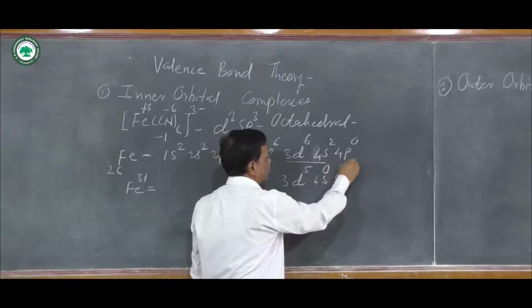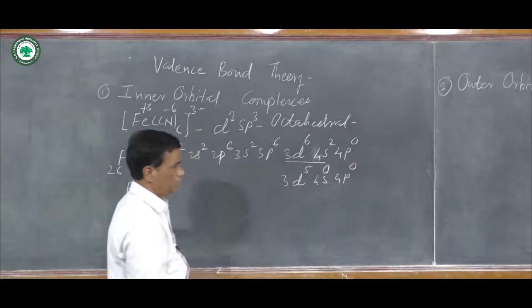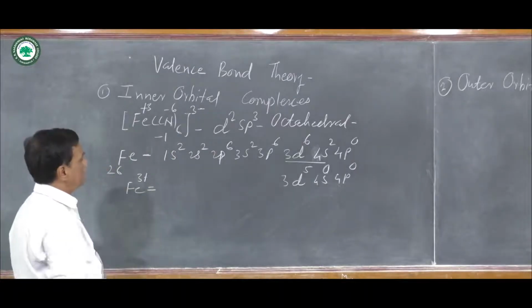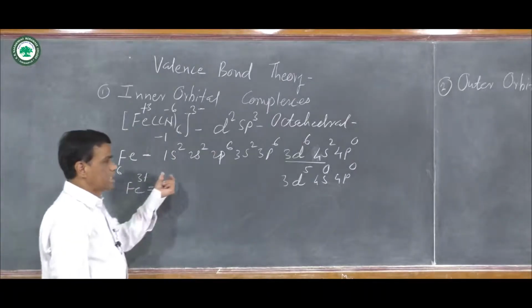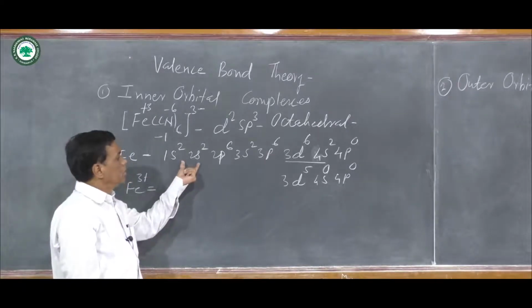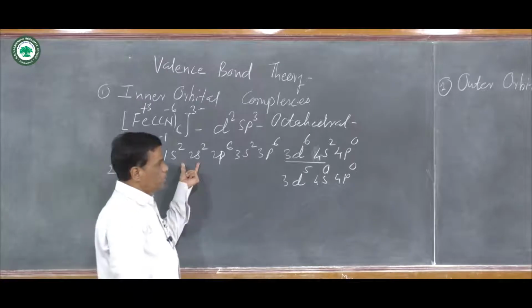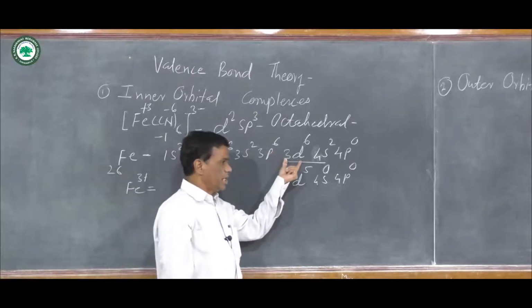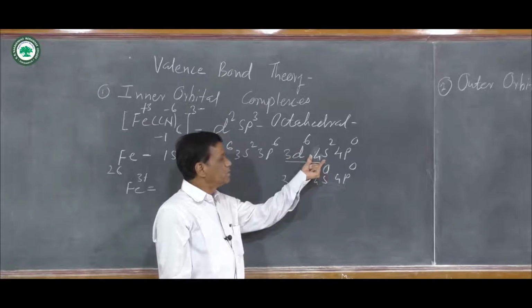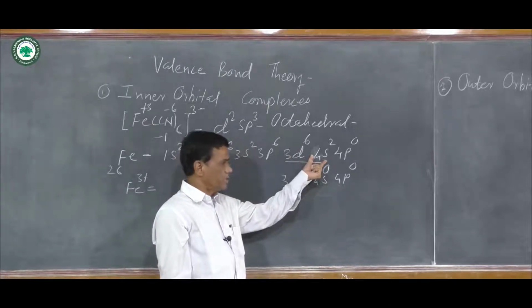and 4p0. Then according to Pauling's and Slater's valence bond theory, when such an arrangement is there, the atomic orbitals of the central metal ion overlap, and there is a formation of hybrid orbitals.